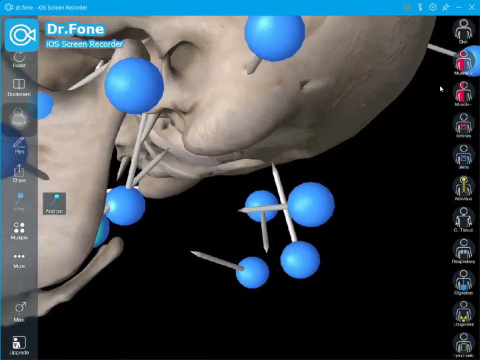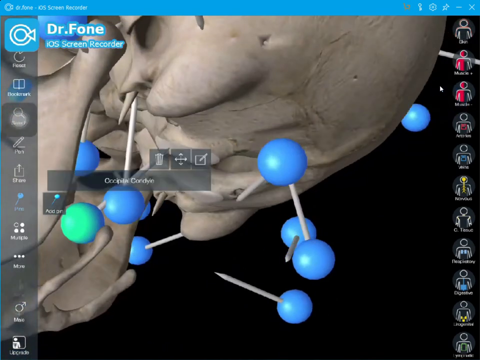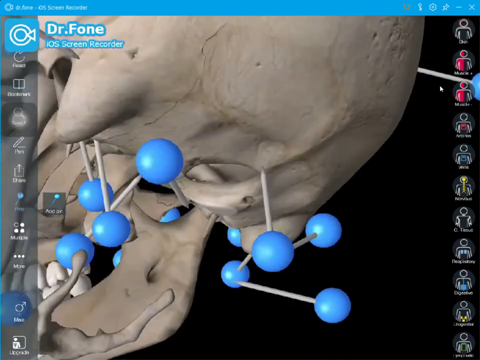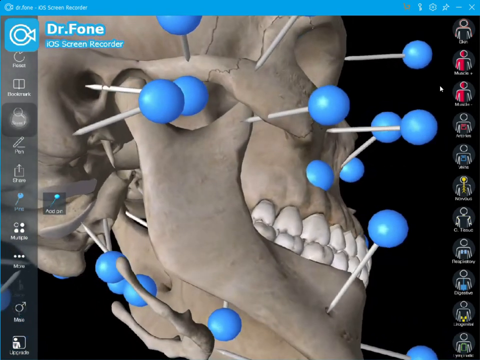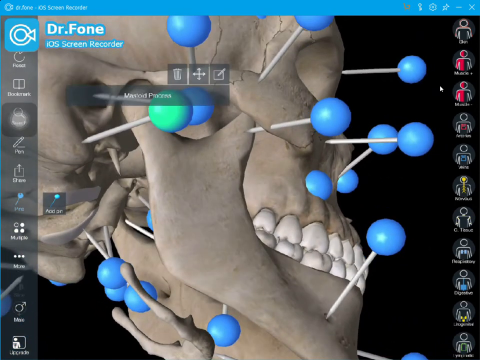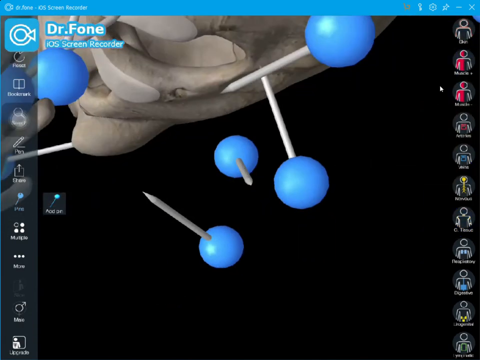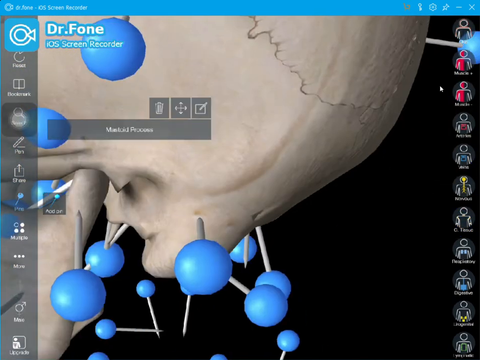And this pointy thing right here would be considered, I believe, your styloid process, if I'm not mistaken.